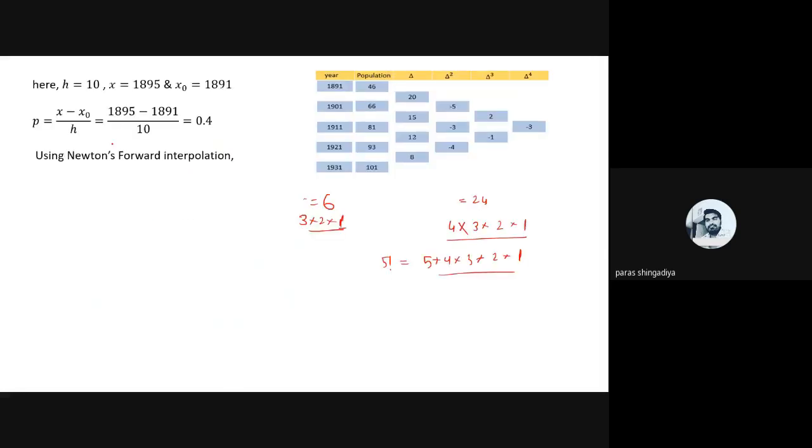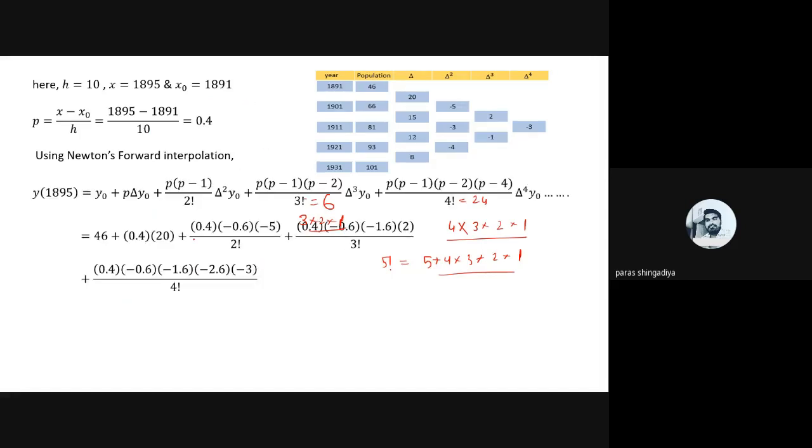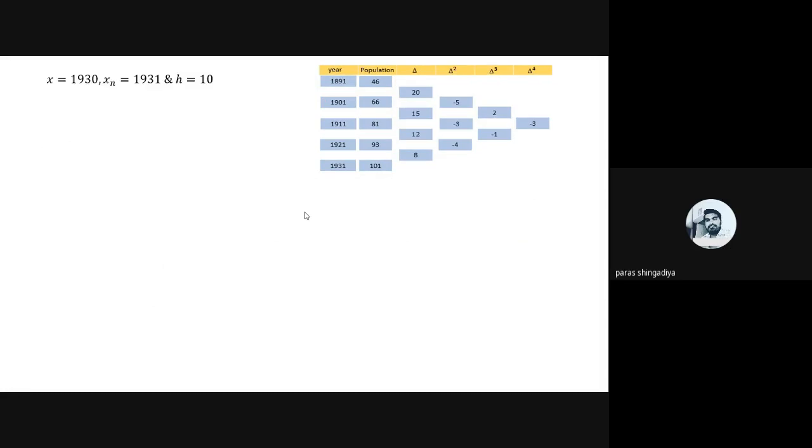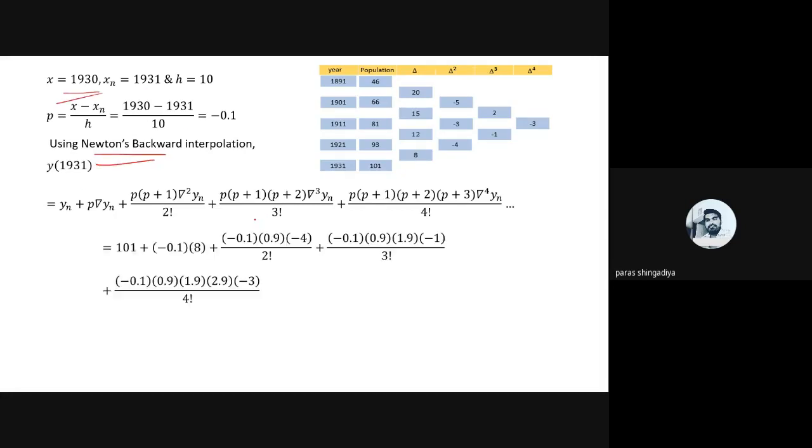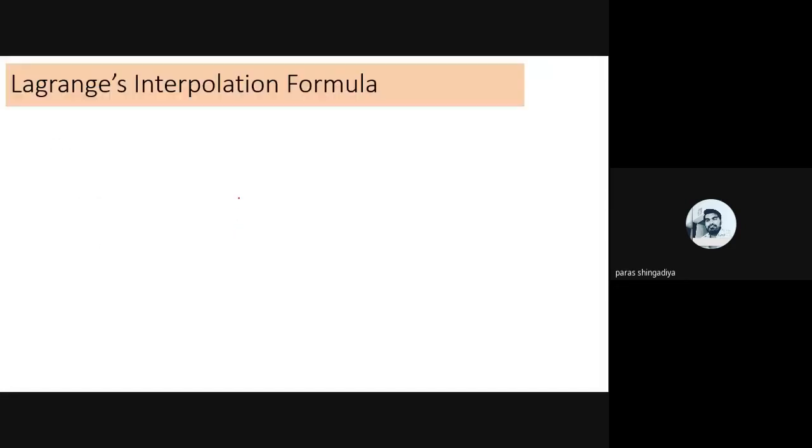In the first case, we'll apply the Newton forward interpolation formula, and in the second case, the Newton backward interpolation formula. 1895 is nearer to the start of the table, so to predict a suitable answer for the year 1895, we'll use Newton forward interpolation, and to predict the answer for 1930, we'll apply the Newton backward interpolation formula. We also completed this one, and some more examples we discussed in the last lecture.